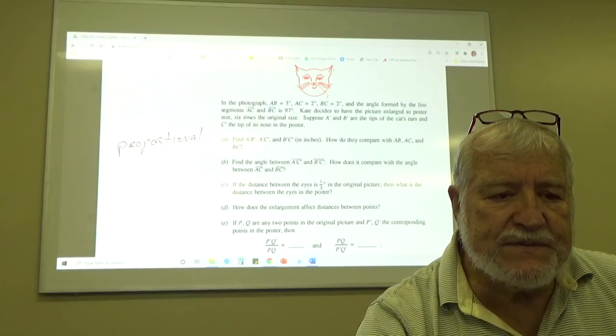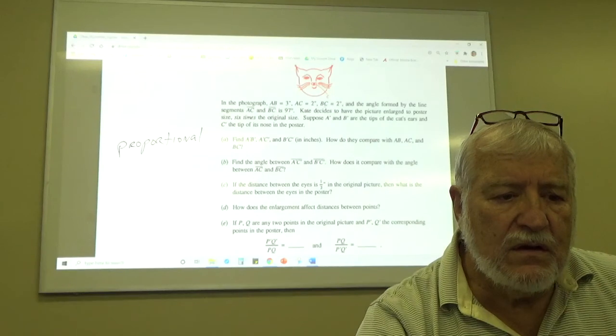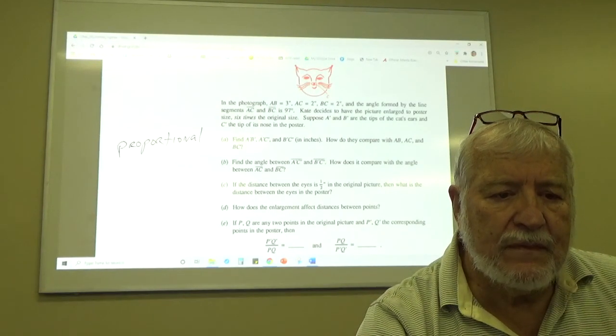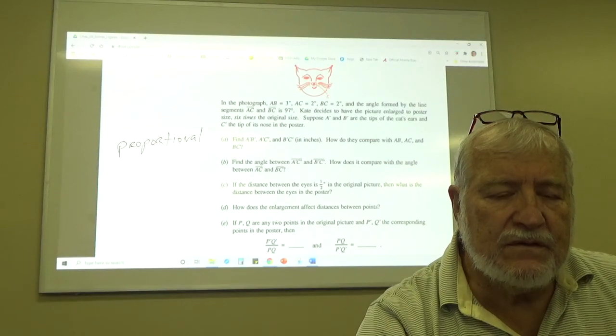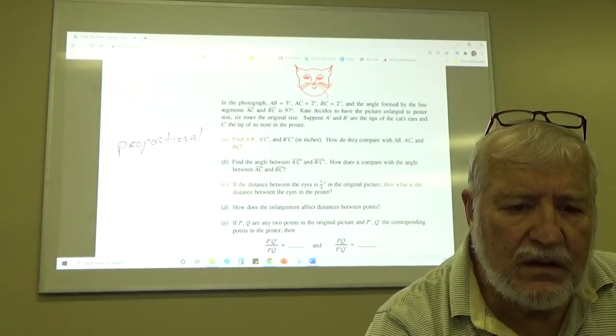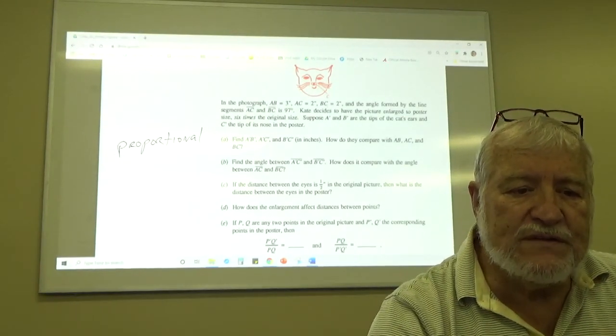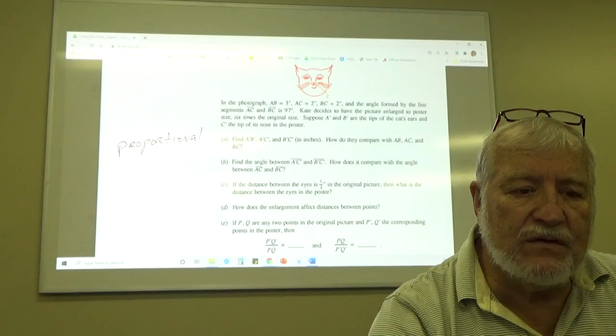The tips of the cat's ears are C prime. This is C. That's not set up right. That can't be right. Oh, C prime is the nose. Okay, so what's the distance from here to here?